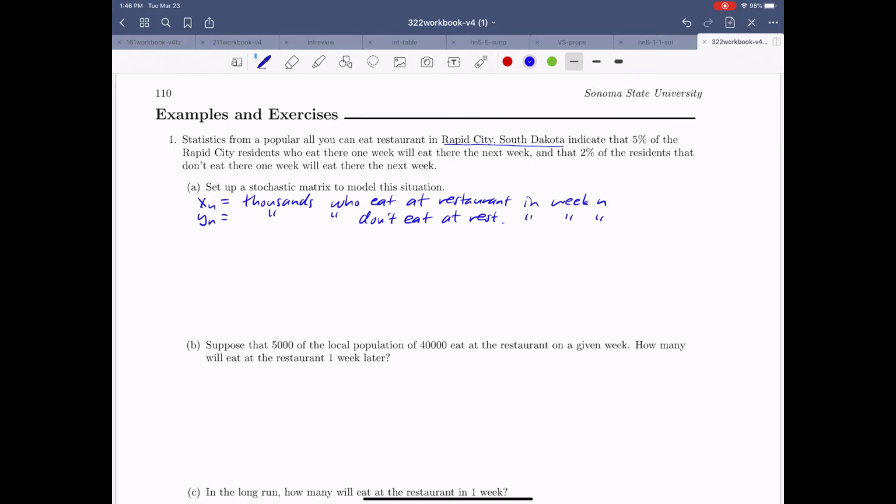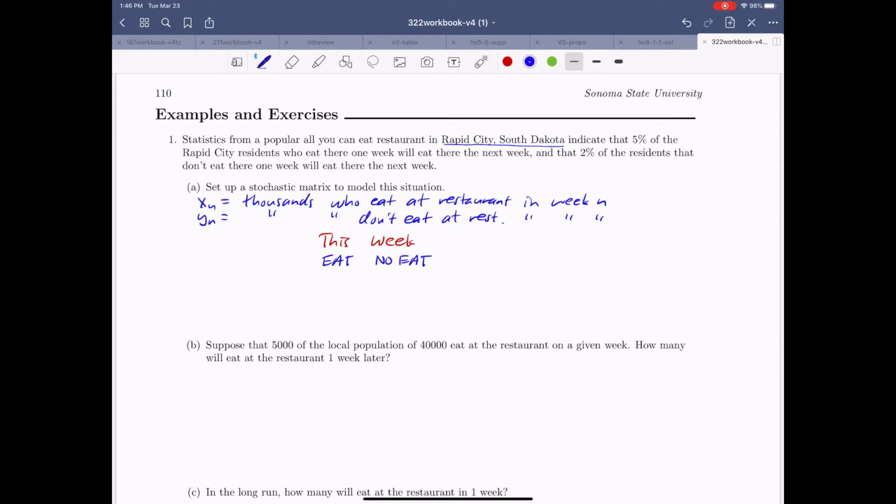All right, and so the stochastic matrix is just going to describe the process by which the segments of the population transition in and out of these states that we're talking about. So why don't we think of going from this week to the next week. We'll put this week here, break that into categories of people who eat there or don't eat there.